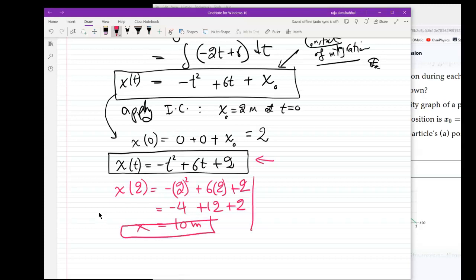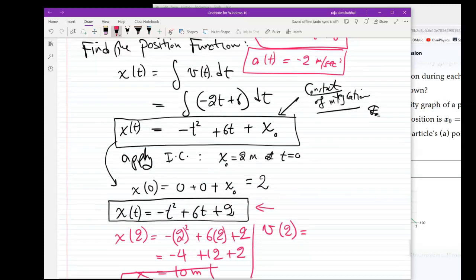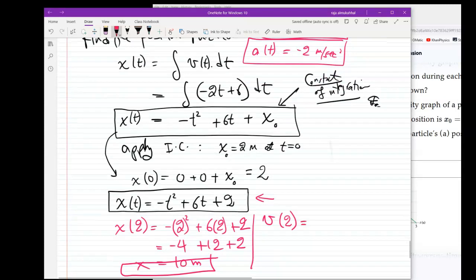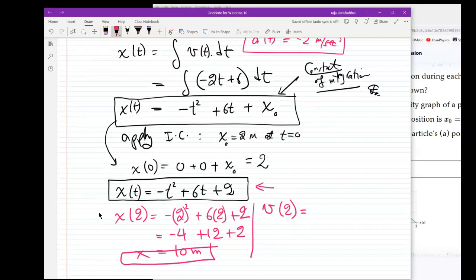Okay? And then what about the velocity? Velocity at 2. Again, I go back to that equation right here. Negative 2 times 2, excuse me, plus 6. So that's negative 4 plus 6. So v of 2 is equal to 2 meters per second.